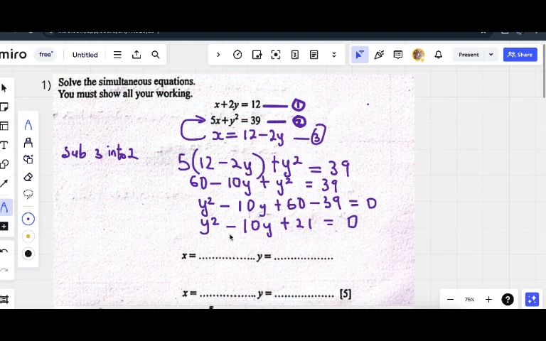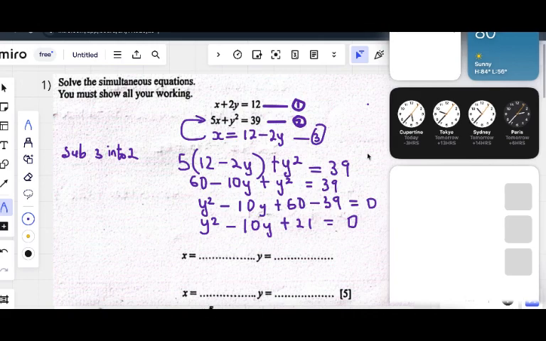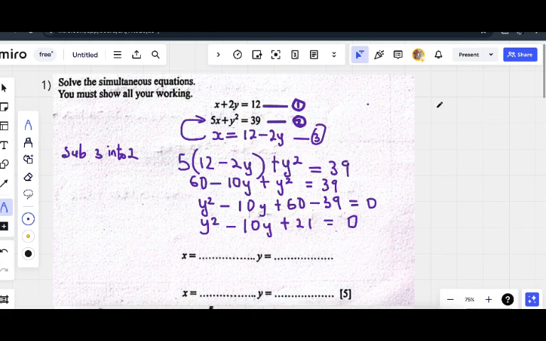Why can we use factorization? Let me write it here, so we can utilize this space.